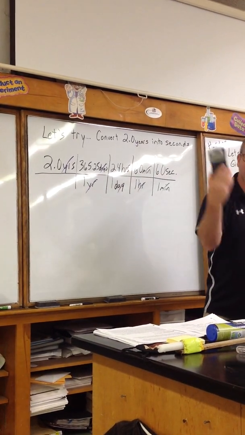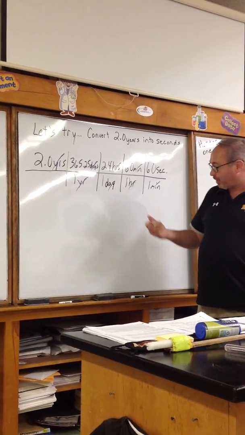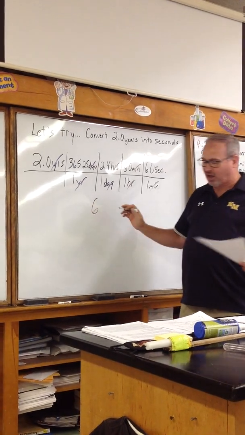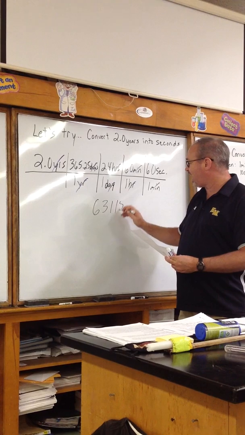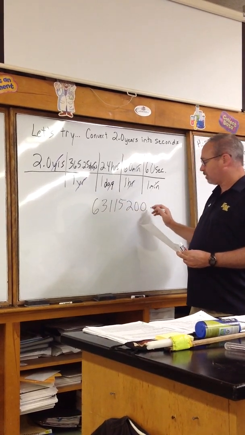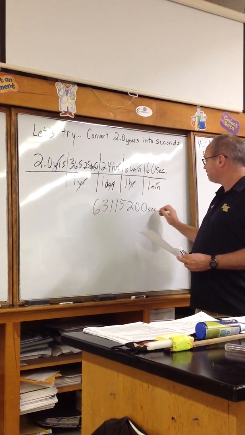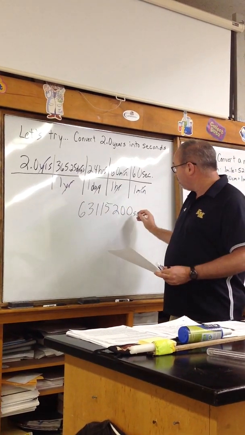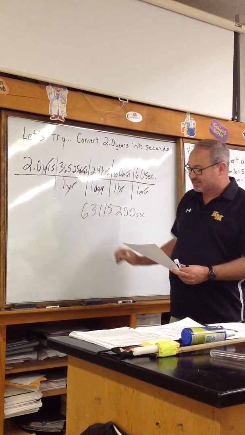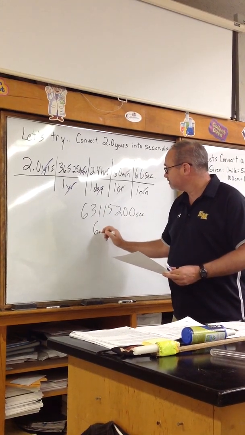So I'm going to grab the handy dandy calculator, and when you type all that in, you get this long number, 63,115,200 seconds. Now, if we use something called scientific notation, we move the decimal 7 places.